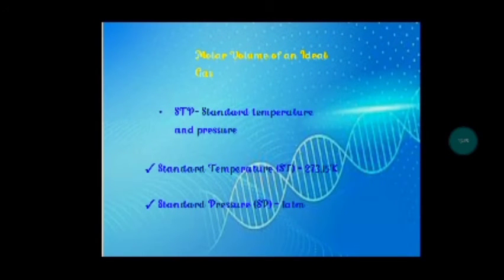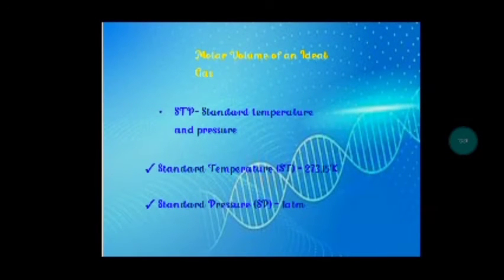So we have here the molar volume of an ideal gas, which is at STP. STP means standard temperature and pressure.